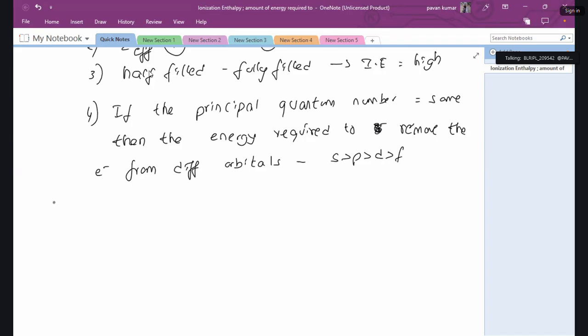So if you see the trends in the ionization energy from left to right in the period, as well as top to bottom in the group.